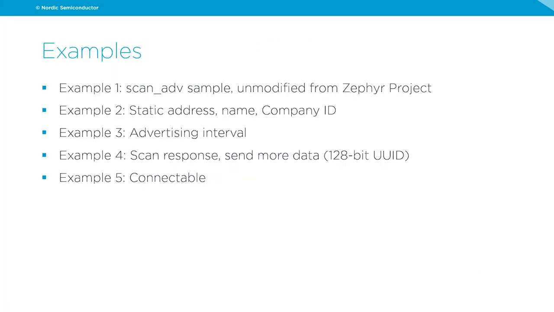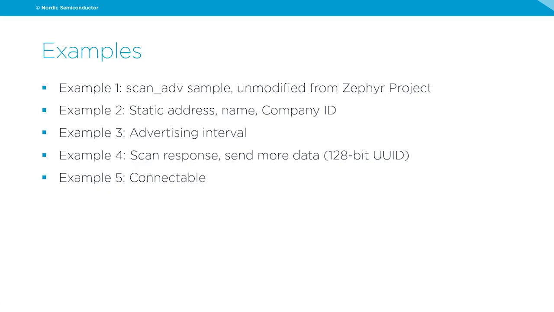Before we jump to the code, we will actually look at the examples that we will cover today. First the scan advertising example from Sniffer, then we will make sure our device gets a static address, and then we will give it a name that we can recognize along with a company ID.